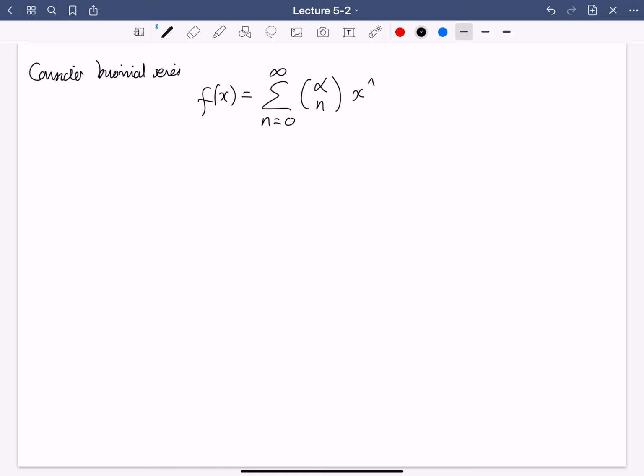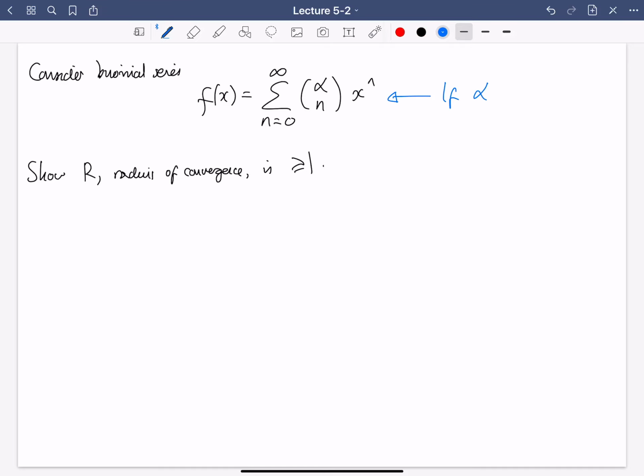So let's show that r, the radius of convergence, is 1. Actually, I'm going to show that it's greater than or equal to 1. That's good enough for me. It's usually 1, but let's see.